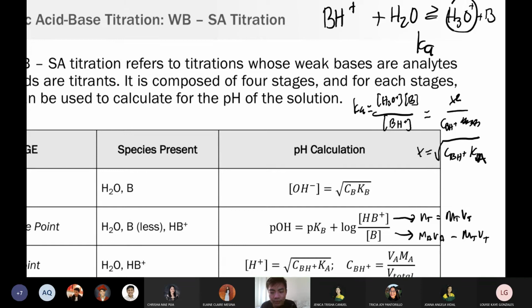Using the small x approximation, we can reduce this equation to the square root of the concentration of BH plus times Ka. Ngayon, hindi lang siya basta equation. May dahilan kung bakit yan yung equation. Kasi sa ibang class, binibigay lang nila yung equation. Tayo, ine-explain natin bakit ganun yung equation.